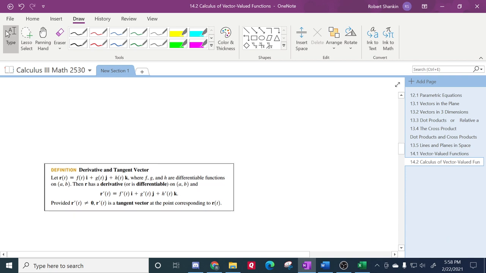And so here is the textbook's definition of the derivative. So it says R is these three different functions, and they have to be differentiable functions on some interval.